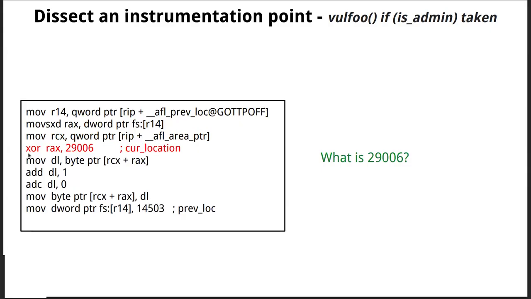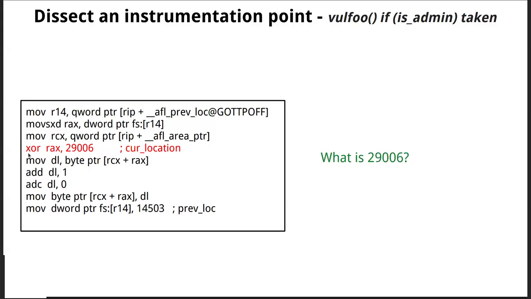We're doing inclusive OR of RAX, which is the previous basic block ID, with a hard-coded value, right? Look at here, this is a hard-coded value. This is a random value, hard-coded. It is random at compile time, and at runtime this is already hard-coded. So this value represents this basic block. So here we're using the previous basic block's ID inclusive OR with the current basic block's ID.